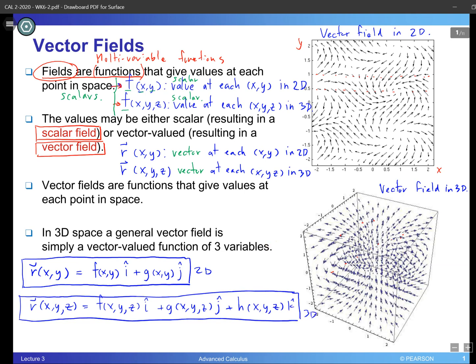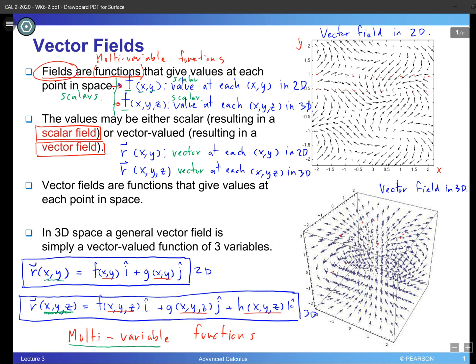Notice that the components depend on the location x, y in 2D and x, y, z in 3D. What you are looking at here are multi-variable vector functions. Why is that so? Multi-variable means that you have multiple inputs. As you can see here, you have multiple inputs, three of them here and two of them here.